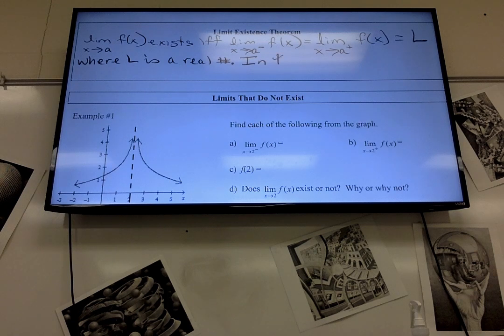So in this case, the limit as x approaches a of f of x would be L, since as you approach from the left and from the right, you get the same thing. If we approach from the left and the right and we don't get the same thing, then you have a problem.